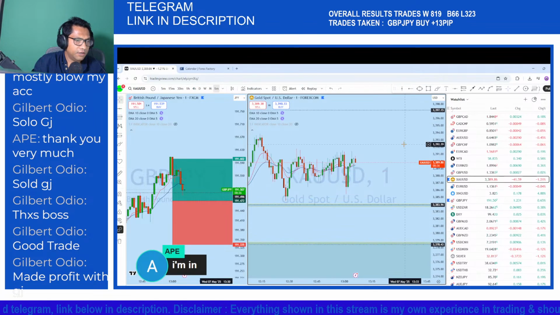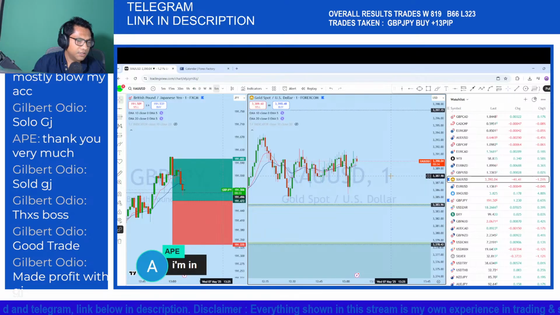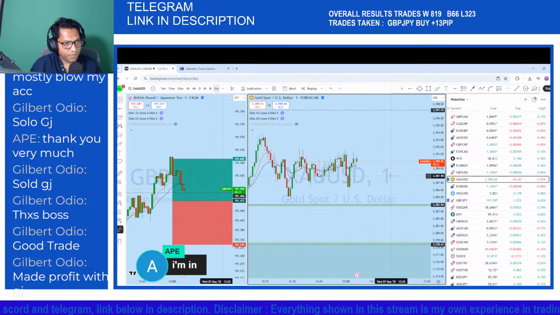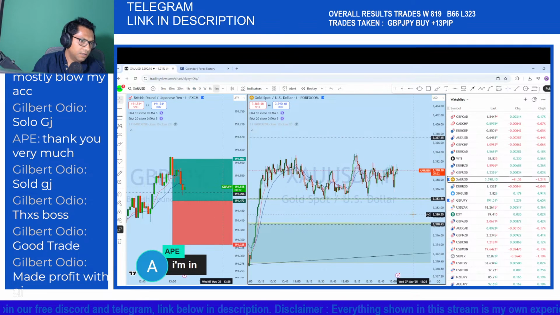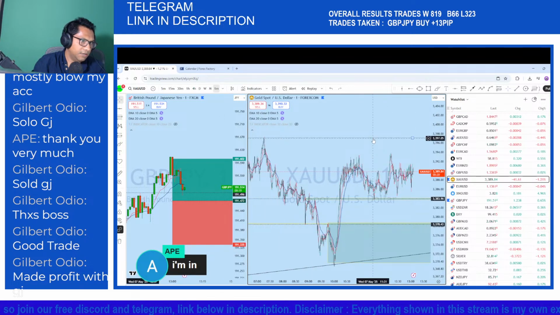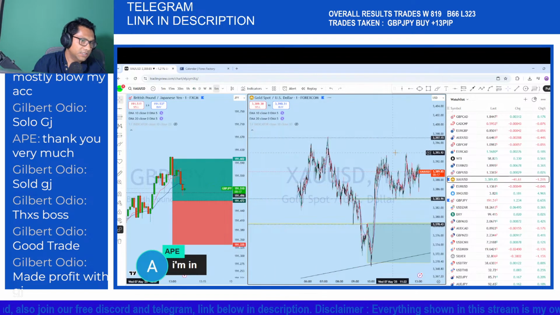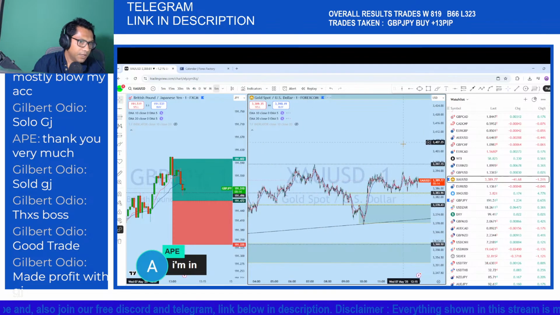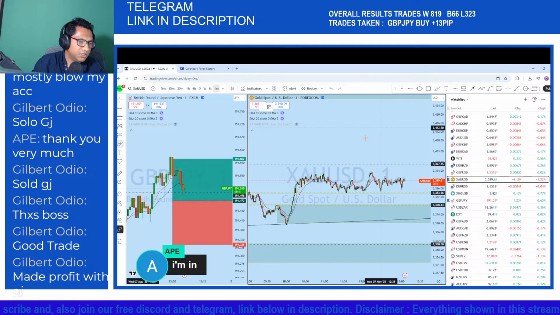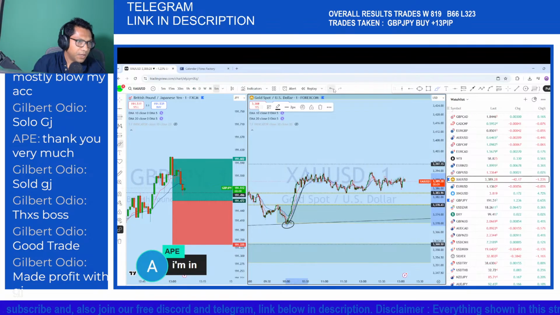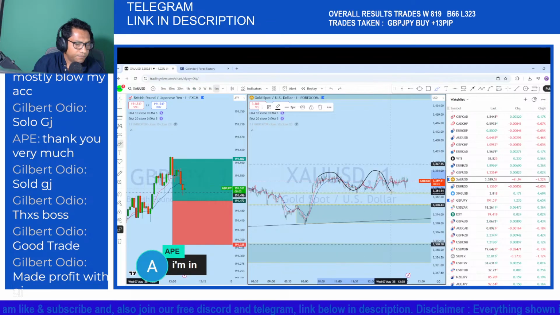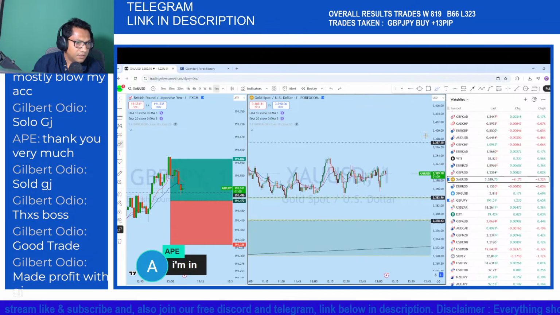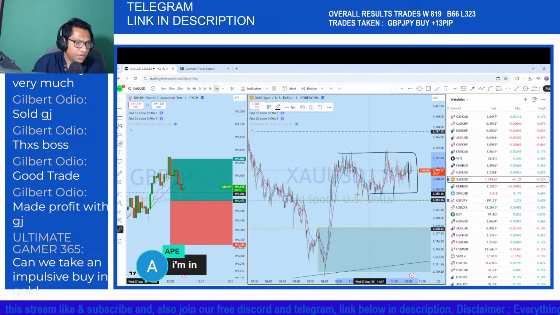But if we look here, we can see this is where the market is showing price action for a possible move. This is the daily resistance, the 4-hour resistance, and the daily resistance is here. As the market started to move from here with this impulse, it went completely sideways.